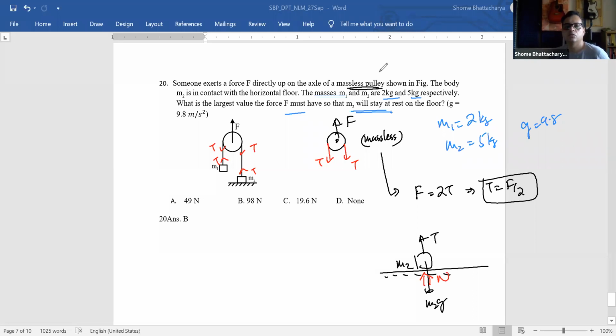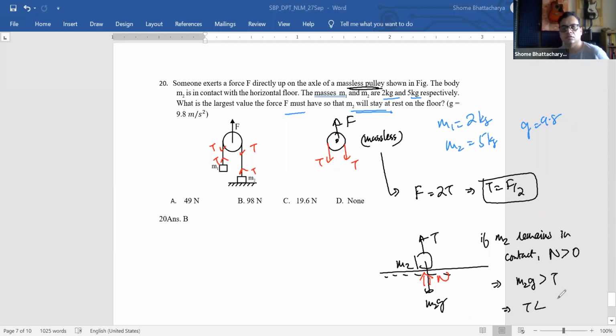For M2 to remain in contact with the ground, N should be greater than 0. That means M2g should be greater than T. So T should be less than the weight, which is 5 into 9.8.